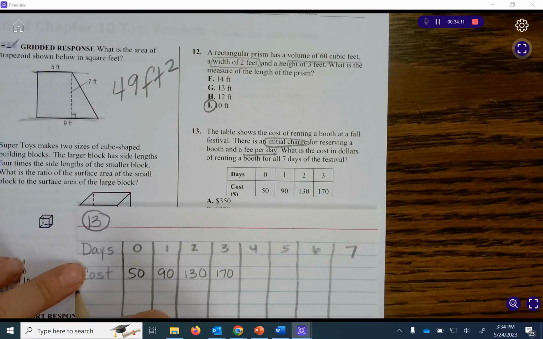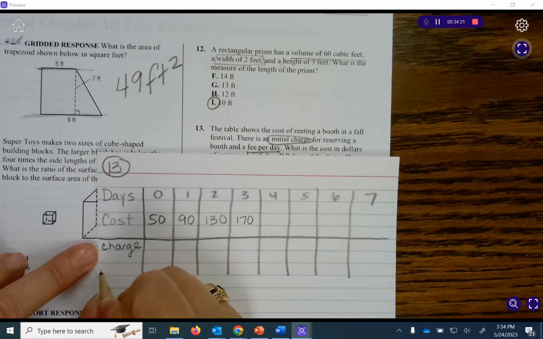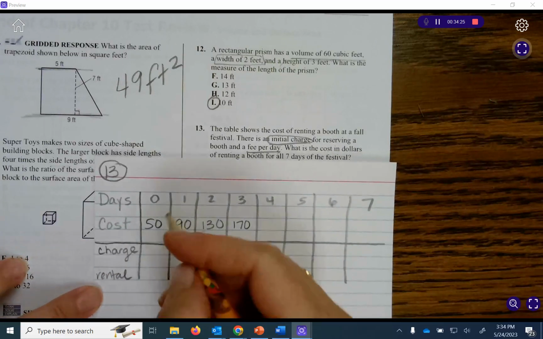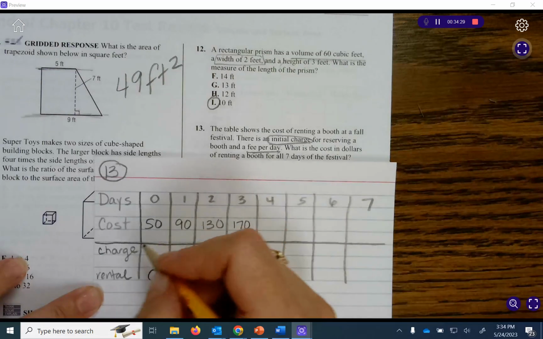So we have our initial charge and then the daily rate, basically, the rental cost by day. All right? So it's 0 because we haven't gotten it for any amount of time, plus $50.